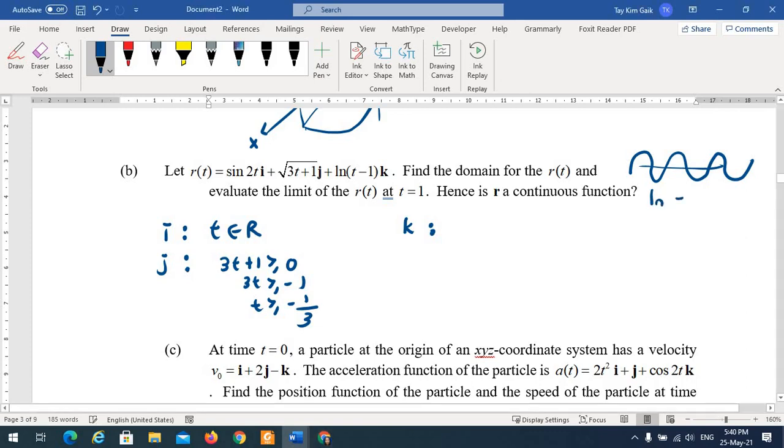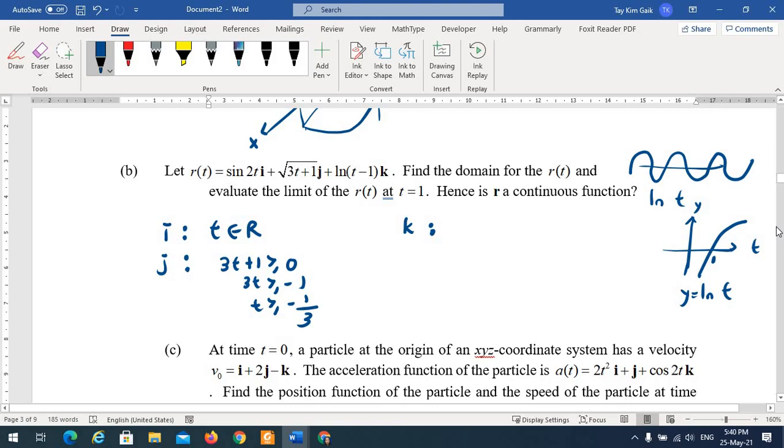You can just sketch ln t. The ln t graph is like this. This is 1, this is y, this is t. For the ln function, y equals ln t is defined only when t is a positive number, greater than 0.